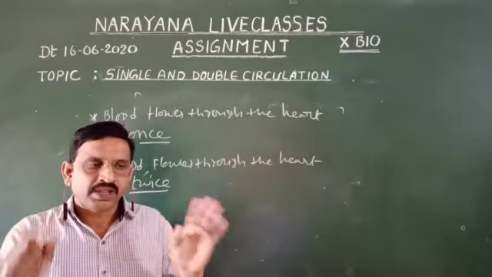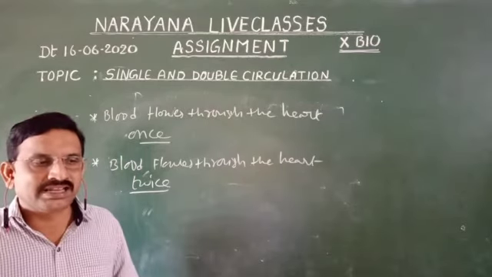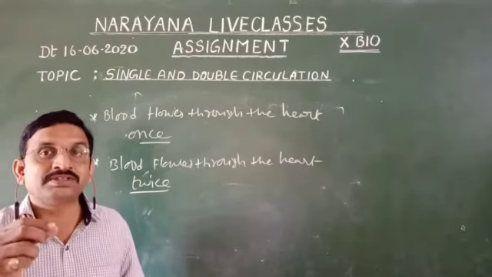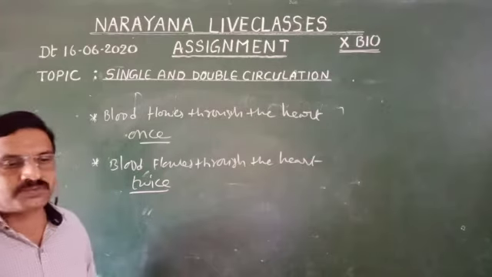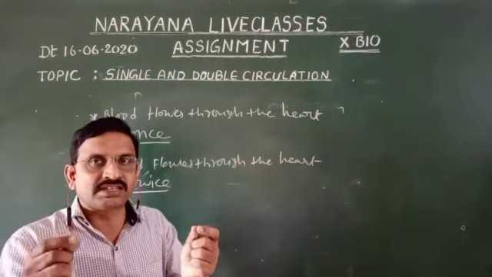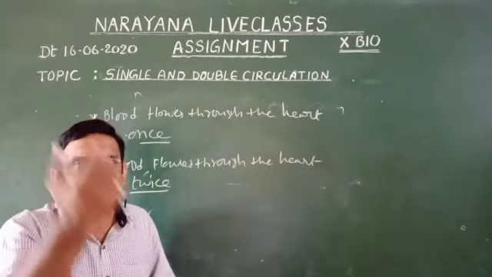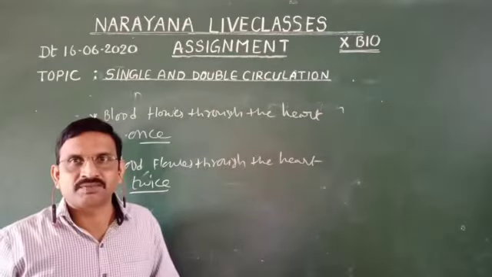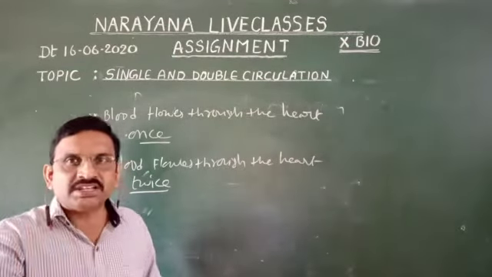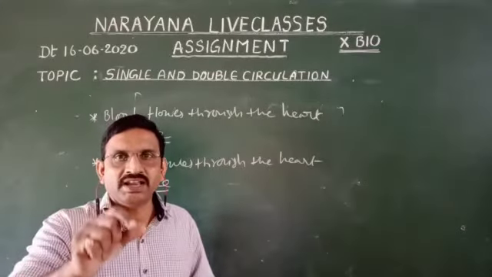Is it clear? And the second point is how body parts receive oxygenated blood from the respiratory organs. In single circulation, body parts directly receive blood from the respiratory organs. For example, in fishes, gills are the respiratory organs.